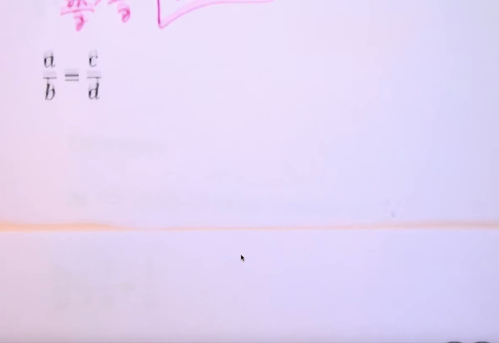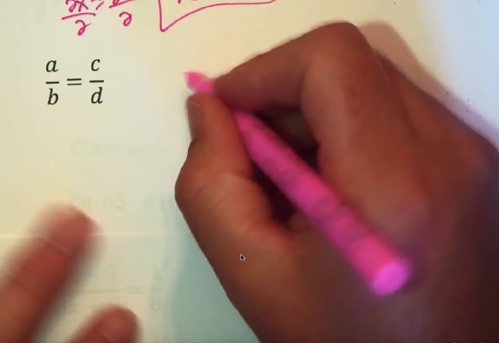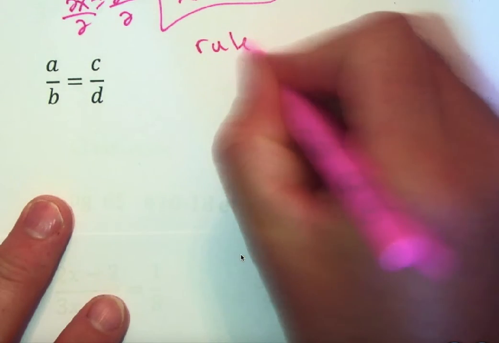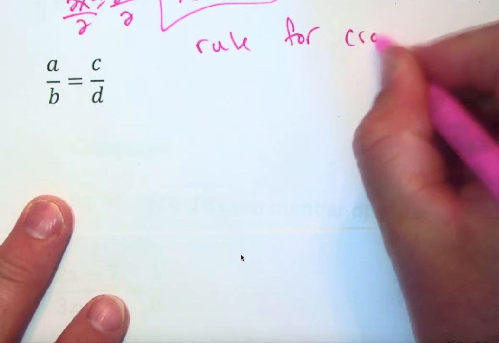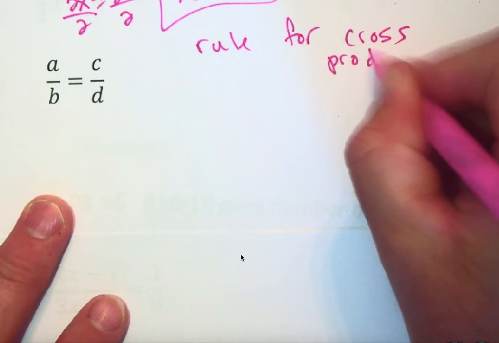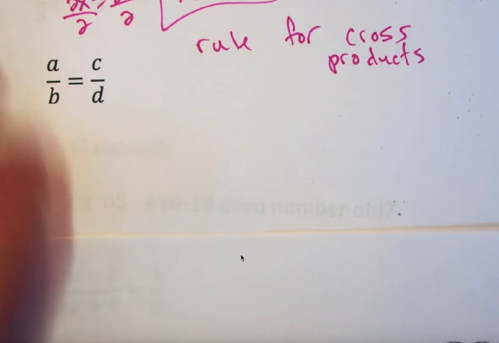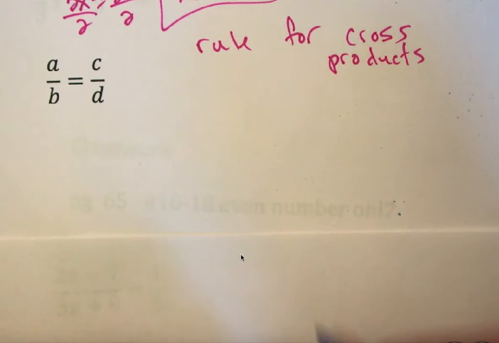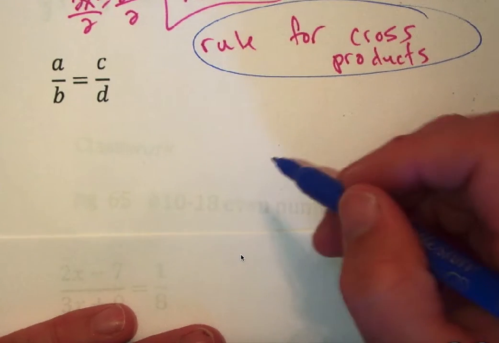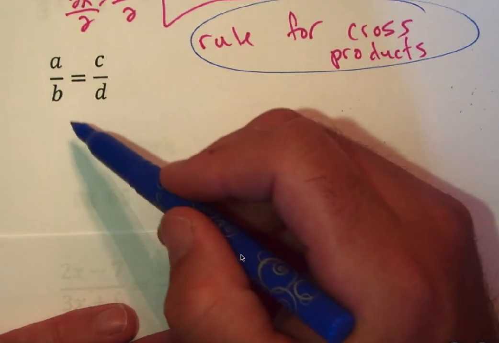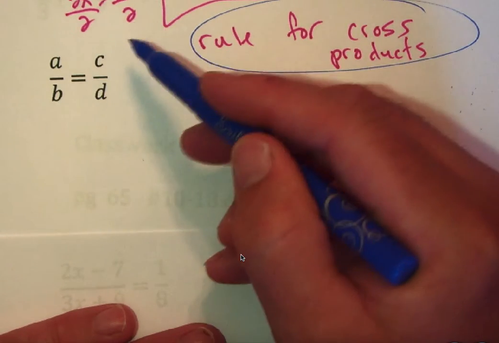And this is our rule for cross product. So if we have our ratio, if we have A over B equals C over D, then we can create a rule. Well, what can we say, and what's true about A over B, which is equal to C over D?